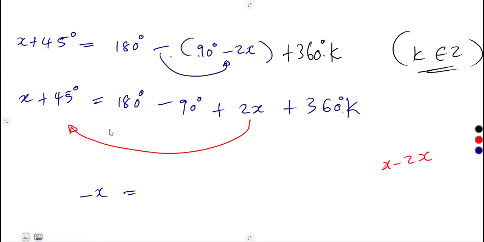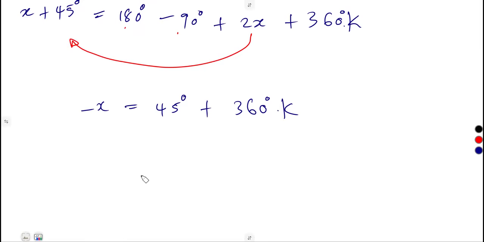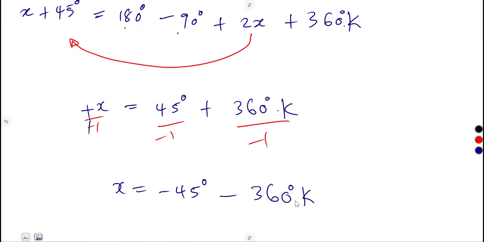Minus x. All right, we take the 45 to the right-hand side, so that's 180 minus 90, which is 90, then minus 45. So that was going to be 45 degrees plus 360k. So this is where we are. So to find x, this is negative x, so we have to divide by a negative each term. So that is x is equal to negative 45 degrees, negative 360 degrees times k, like that.